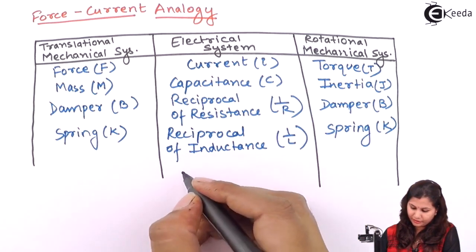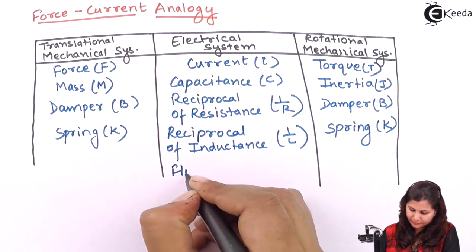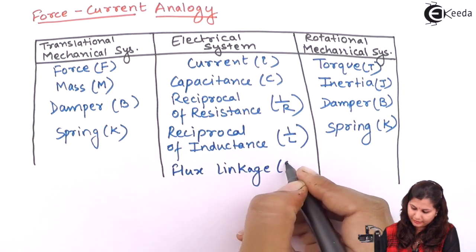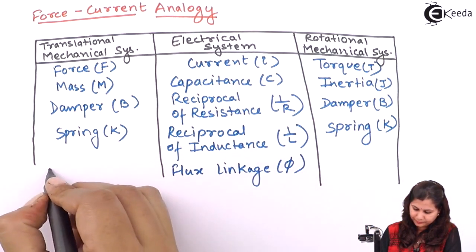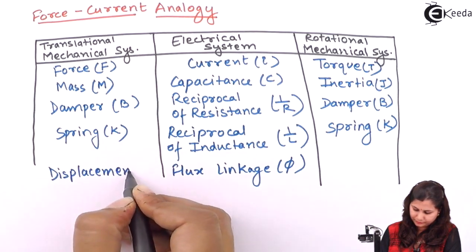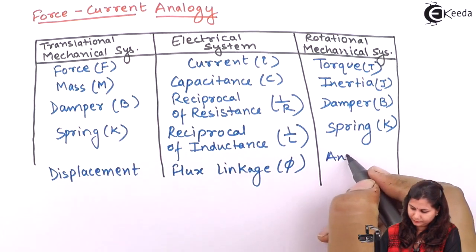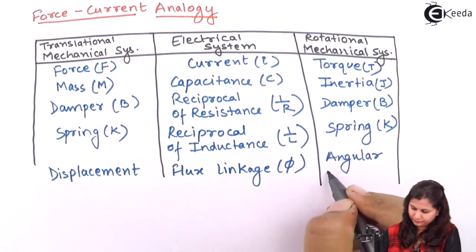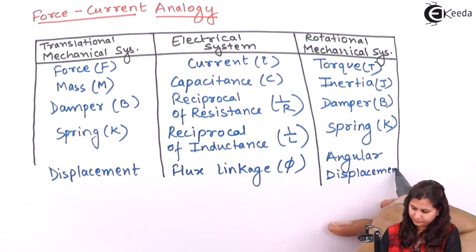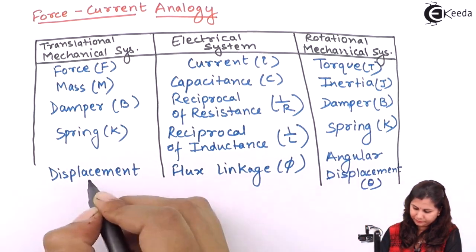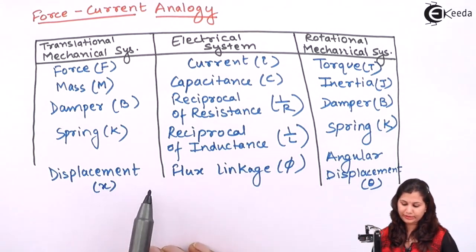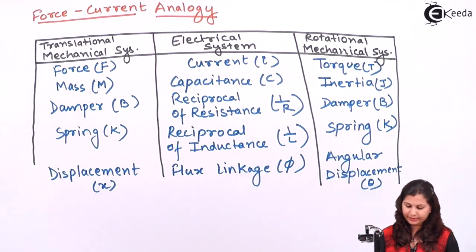So flux linkage, that is phi, is equivalent to displacement and angular displacement.